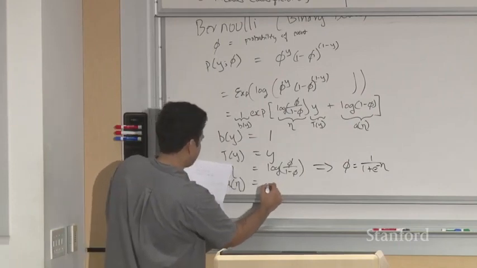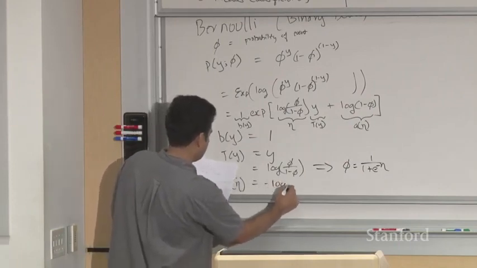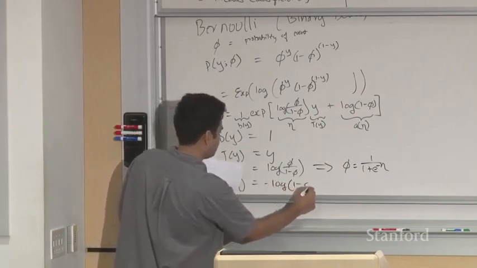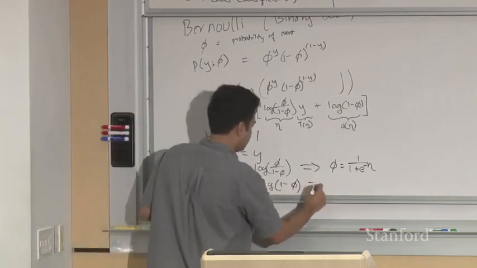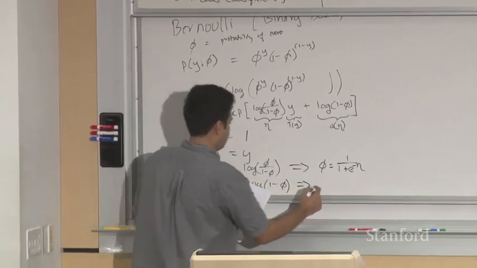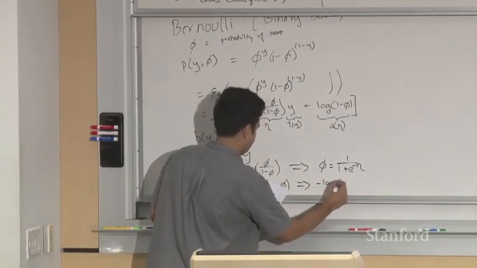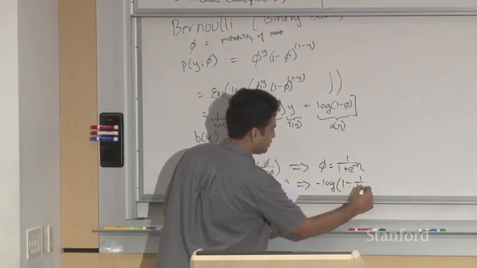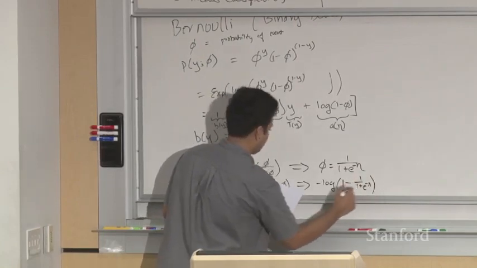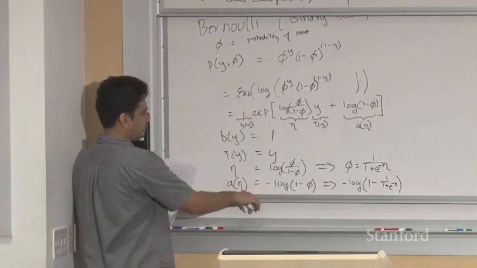So let me work out this. It's going to be minus log of 1 minus phi. I just did pattern matching there, and it's minus log of 1 minus this thing over here, 1 over 1 plus e to the minus eta. The reason is that we want an expression in terms of eta.